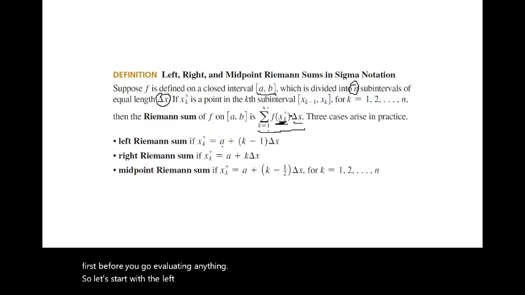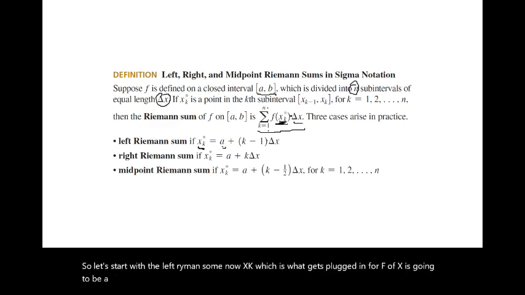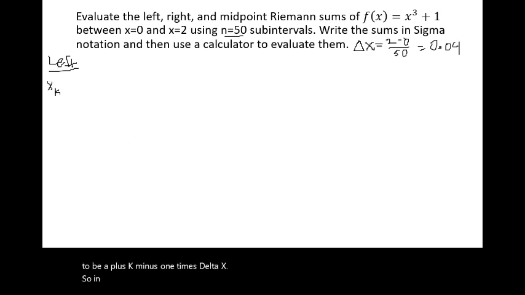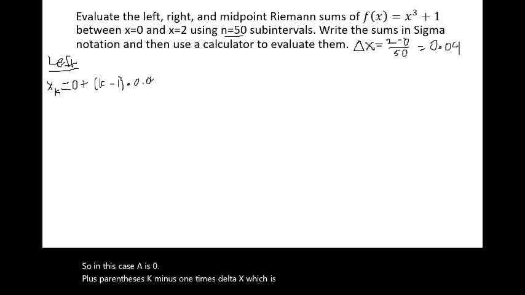Now, x sub k, which is what gets plugged in for f of x, is going to be a plus k minus 1 times delta x. So in this case, a is 0 plus parentheses k minus 1 times delta x, which is 0.04.